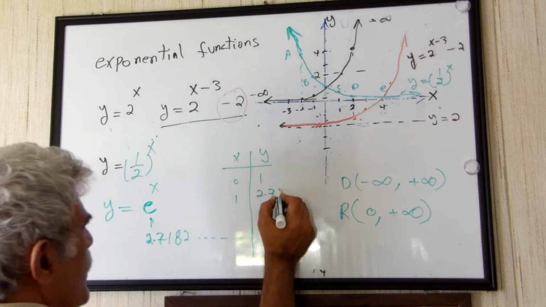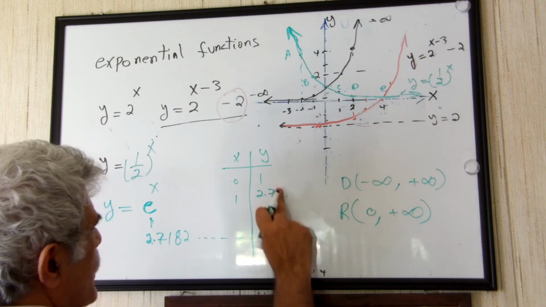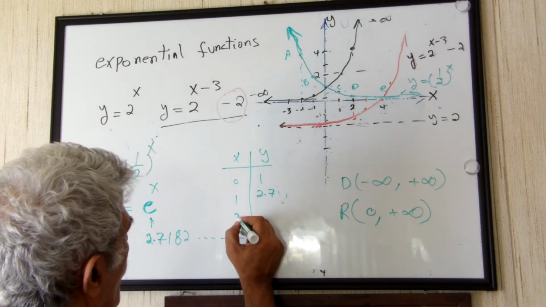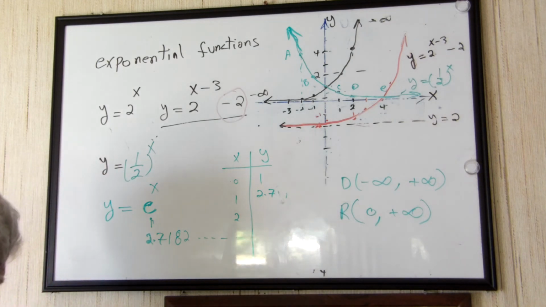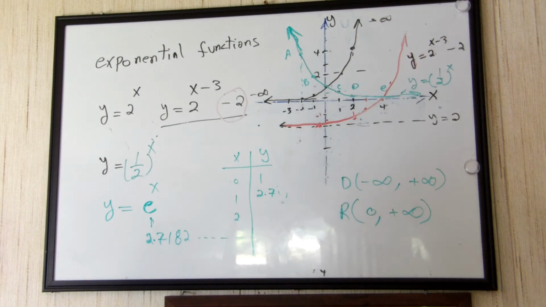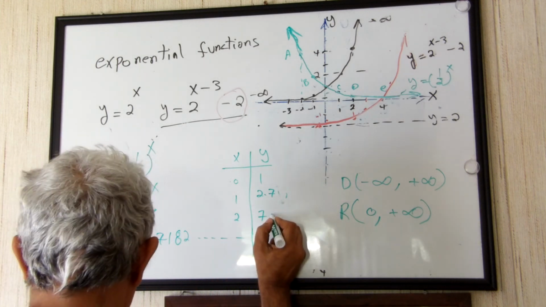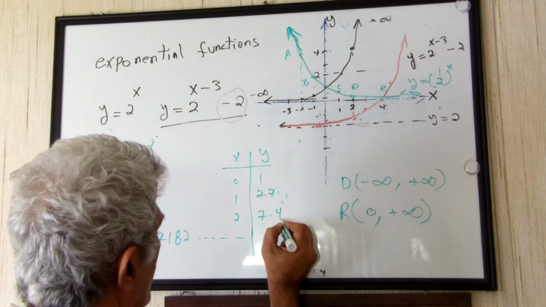And if it's 2, you do it through the calculator, e to the power of 2 is 7.4 if we round it to one decimal place.